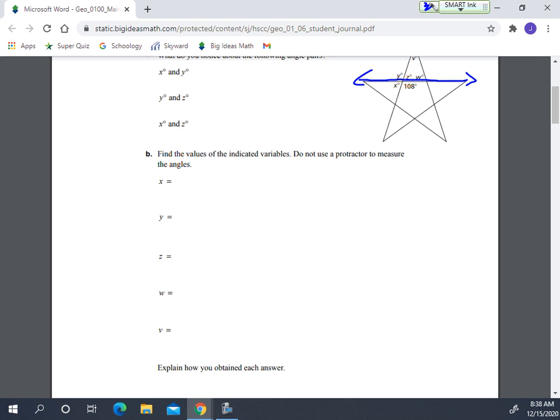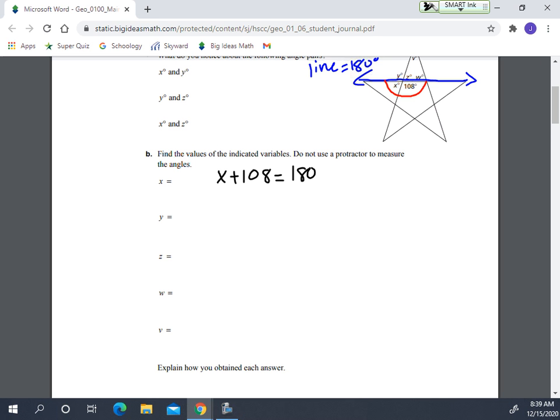Again, this line equals 180 degrees. Well, if x and 108 both add up to 180 degrees, then x plus 108 is equal to 180 degrees.